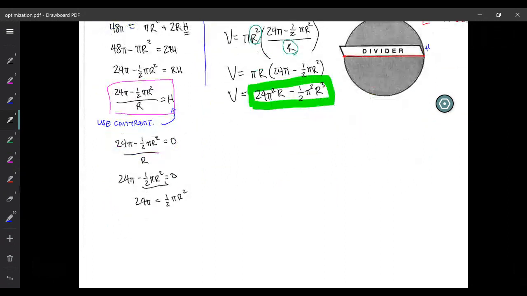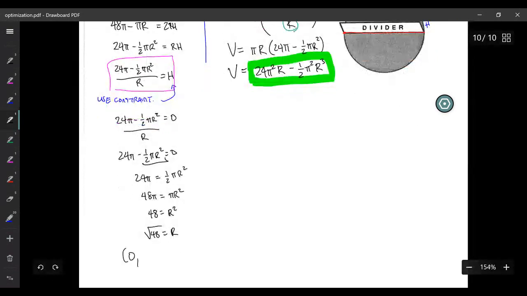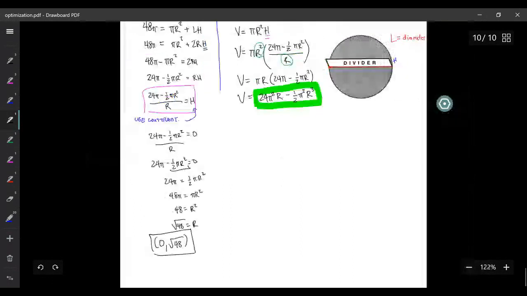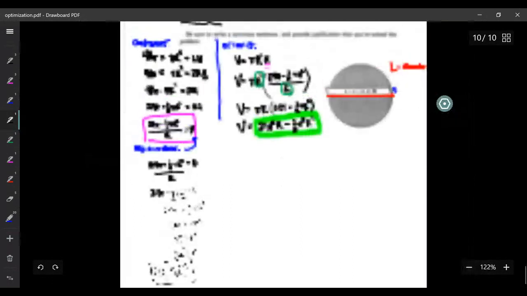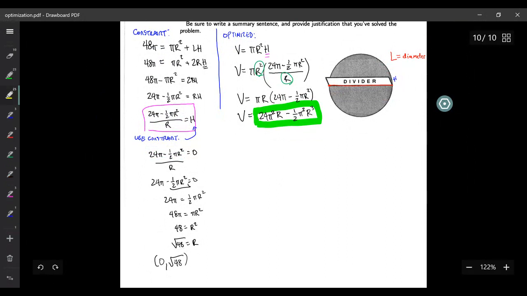So I'm going to multiply both sides by 2 and divide by pi. So you get root 48 is your r value, which tells me that my relevant domain is 0 to root 48. So that's the second thing I'm looking for: a function in terms of one variable, and next a relevant domain.